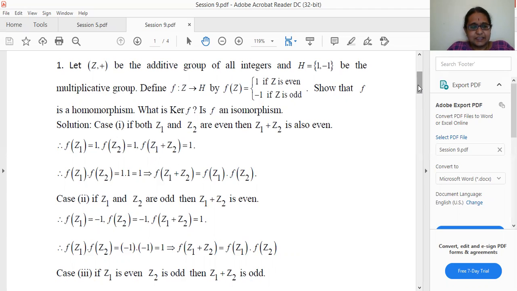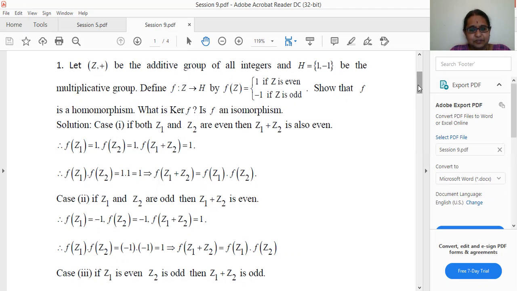Coming to the second case, if both Z1, Z2 are odd, then the sum of two odd numbers is even. So Z1 plus Z2 is even. Then F of Z1 is minus 1, F of Z2 is minus 1 since Z1, Z2 are odd. But Z1 plus Z2 is even, so F of Z1 plus Z2 is 1.